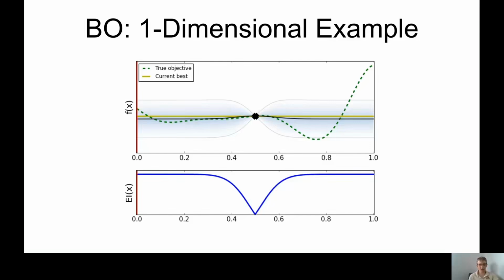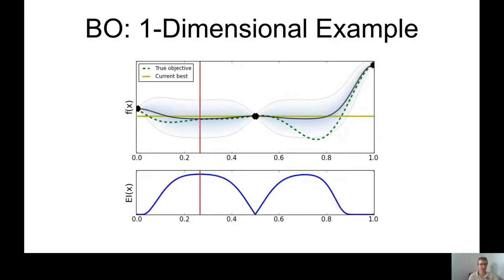So at the beginning here we have just one point in the middle. The model doesn't really know anything about f, so we just pick the leftmost point of the domain. Okay, that doesn't look like a minimum, so the acquisition function picks another point of big uncertainty, and this time on the right of the plot. Notice that every time we evaluate the function, we update both the surrogate model and the acquisition function with this new information.